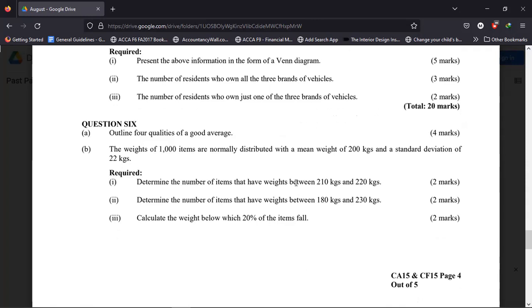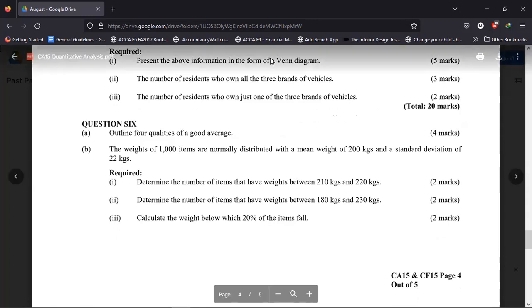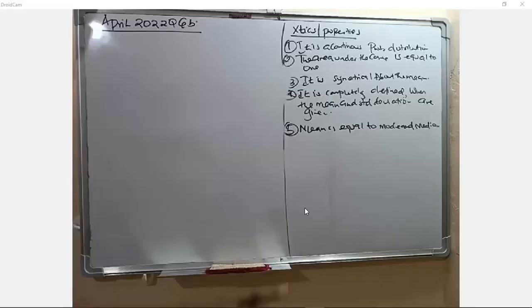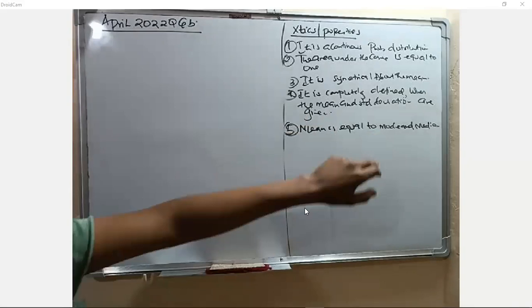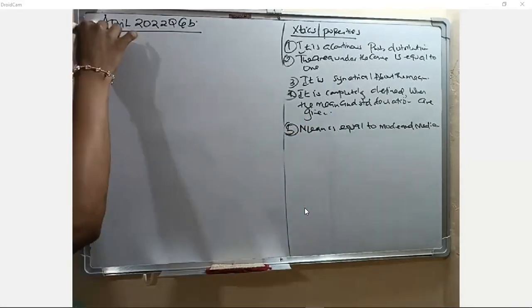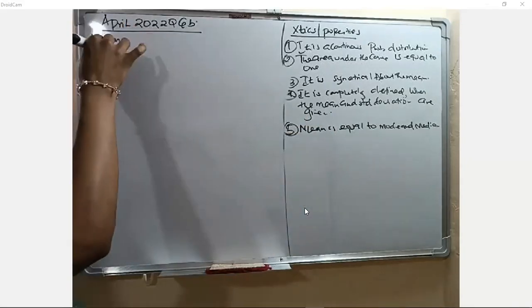Now, when I look at it, we have said one of the properties of the normal distribution is that it is completely defined when the mean and standard deviation are given. That is what we have discussed here. So let us look whether the examiner was able to give our mean and our standard deviation.